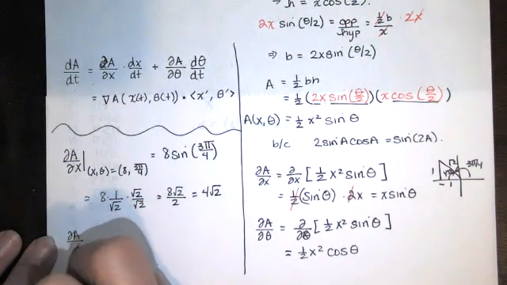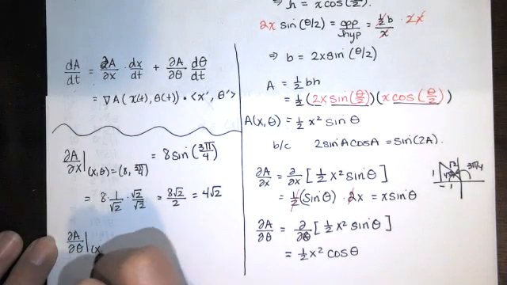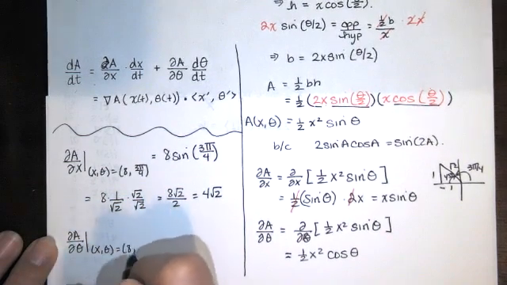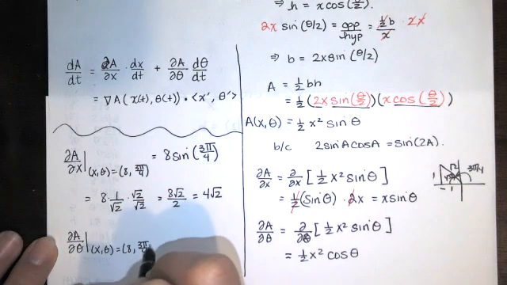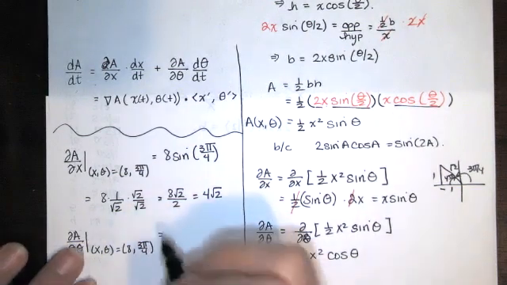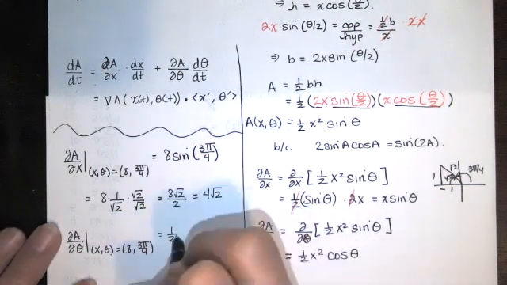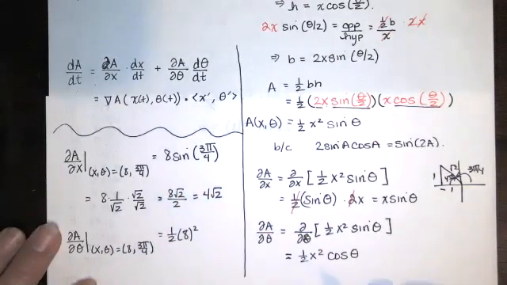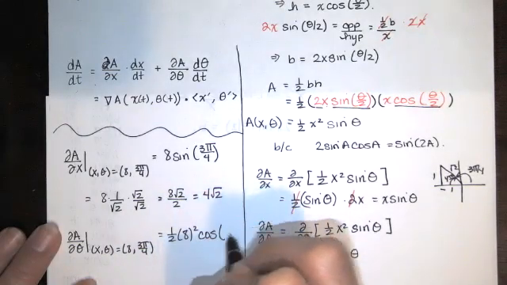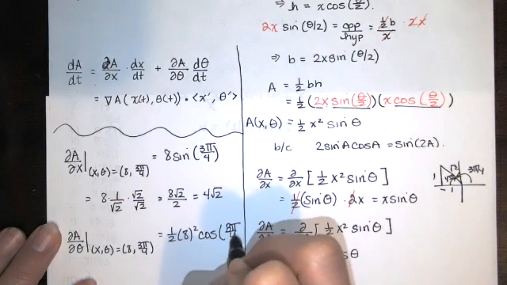And then we want to find the partial of a with respect to theta now, evaluated at x equals 8 and theta equals 3 pi over 4. And we'll have 1/2 times x, which is 8 squared, times cosine of theta, which is 3 pi over 4.